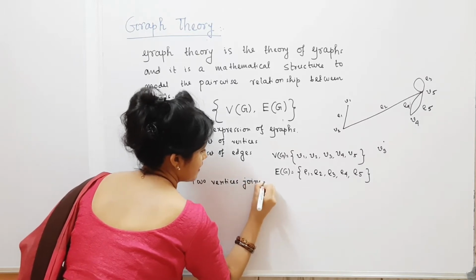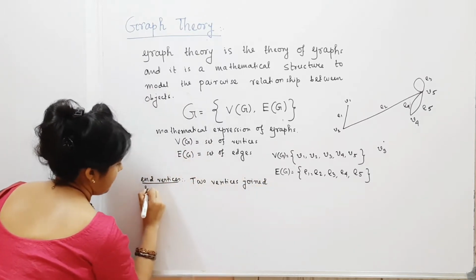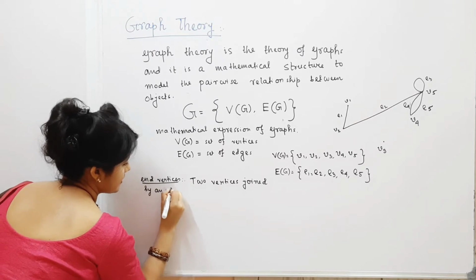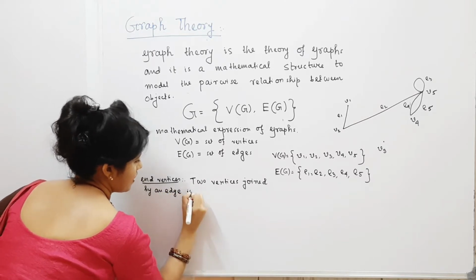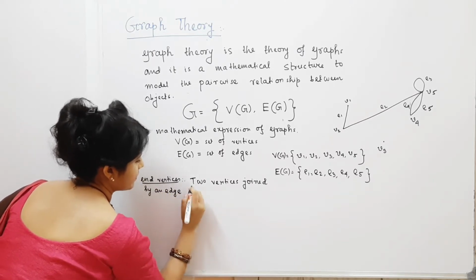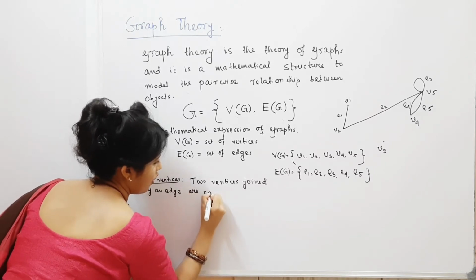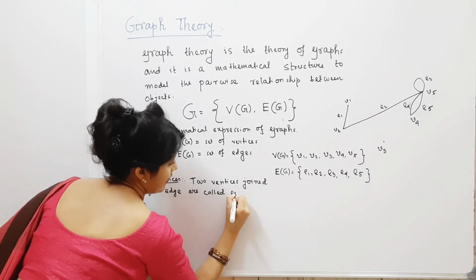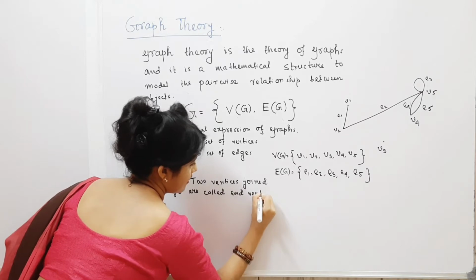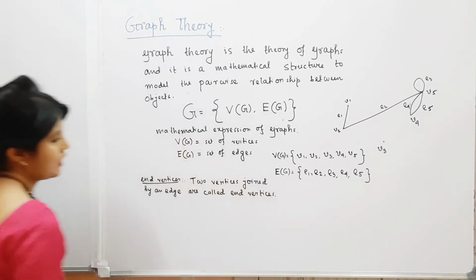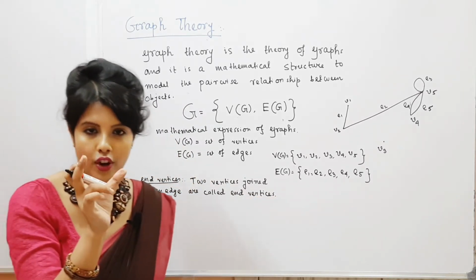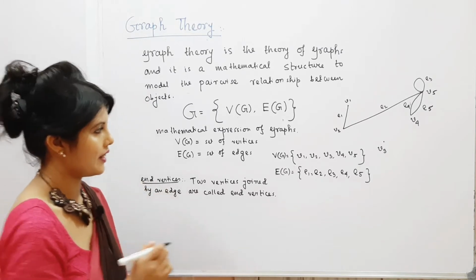Two vertices joined by an edge are called end vertices.